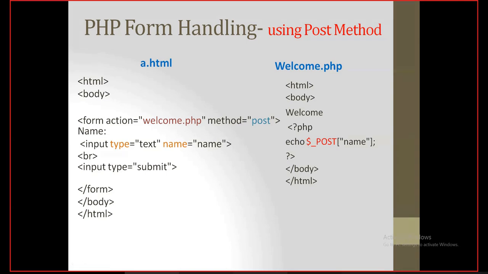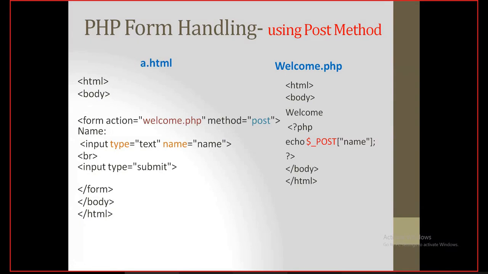So the way we are going to access the value of the name field is by using the super global variable $_POST, simply because the method with which the data is being sent is post. So we have to use this particular super global variable. Okay.